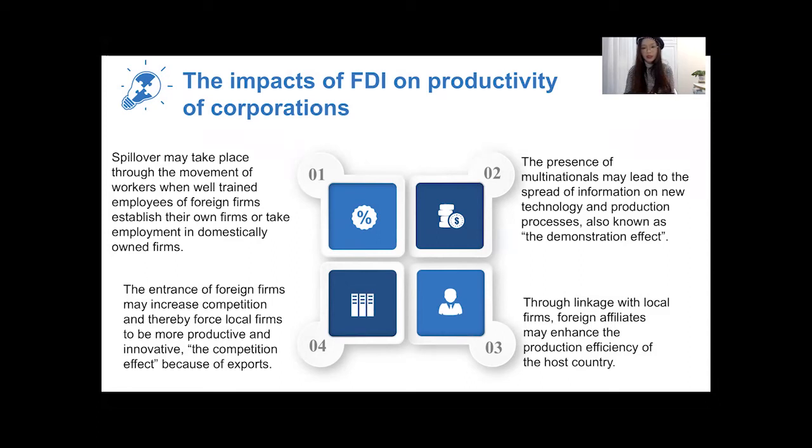Second, the presence of multinationals may lead to the spread of information on new technology and production processes. And through linkage with local firms, foreign affiliates may enhance the production efficiency of the host country. Last, the entrance of foreign firms may increase competition and thereby force local firms to be more productive and innovative.